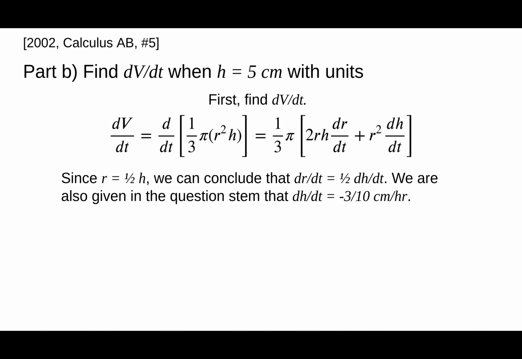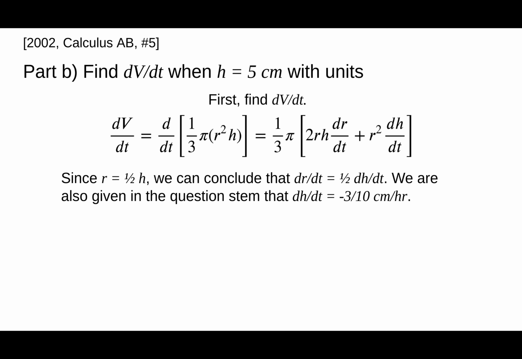Now, based on the question stem, the radius is half the height. If we've done that, we should be able to conclude that dr/dt is 1/2 of dh/dt. So not only do we have dh/dt, we can calculate dr/dt by taking half of that.